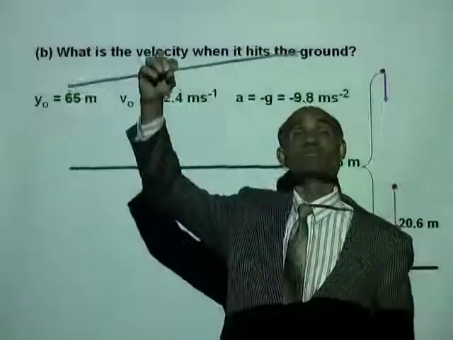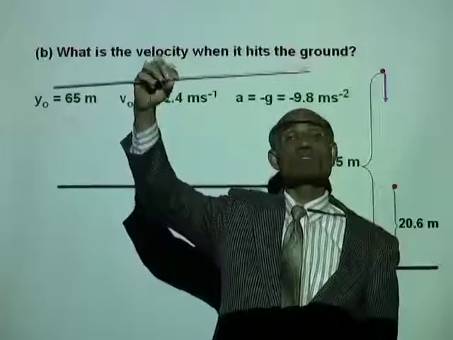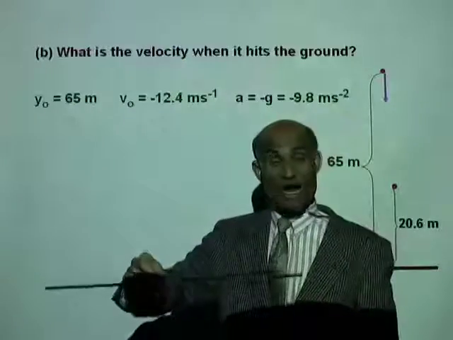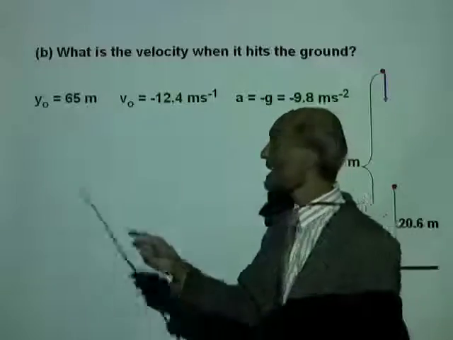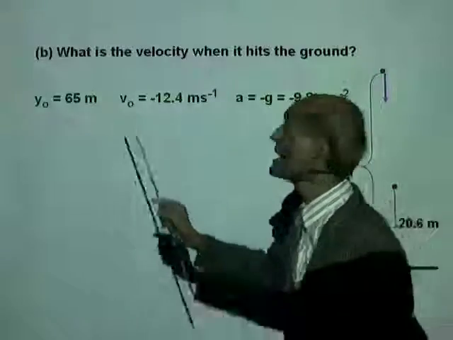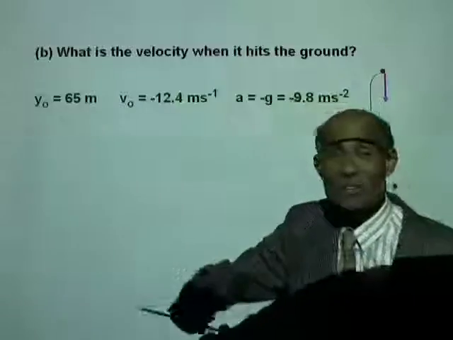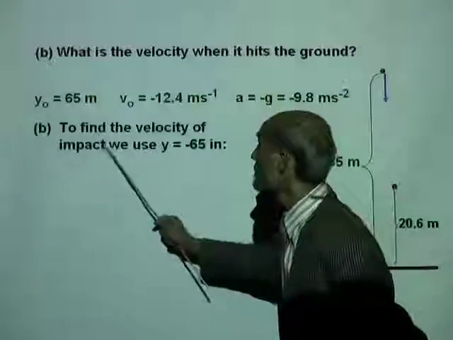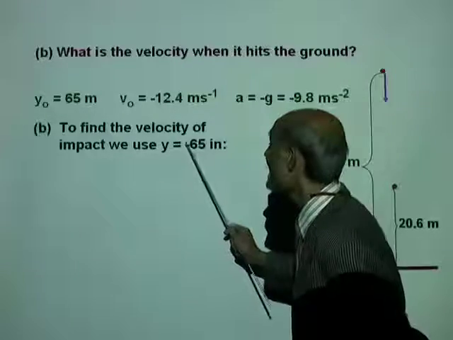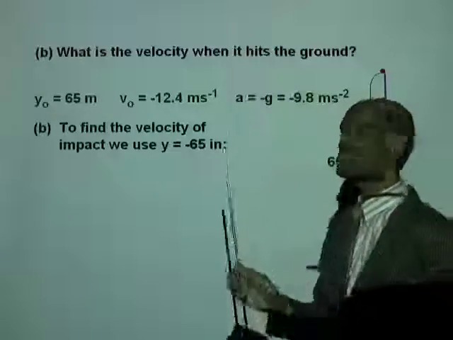Yes. It traveled from y0 equal to 65 to y equal to 0. Can you figure out an equation that can be used here to find the velocity at the end when it hits the ground? To find the velocity of impact, we use y equal to negative 65.